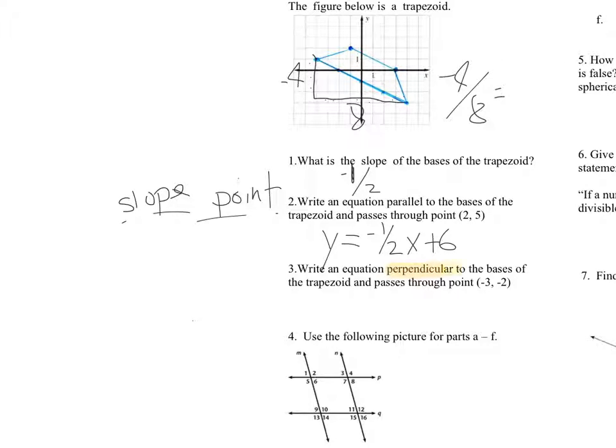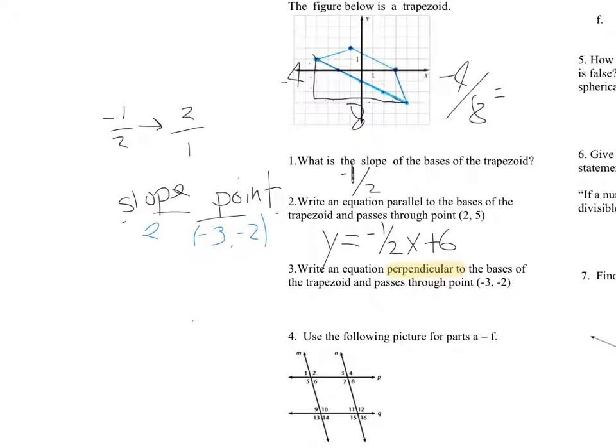So first of all, perpendicular, key there. Remember, perpendicular slopes are going to give us opposite reciprocals, right? So you see up here, if I have a negative 1/2, the perpendicular slope is going to be, flip that, change the sign to positive. So that would be a slope of 2, and they give me the point (-3, -2).